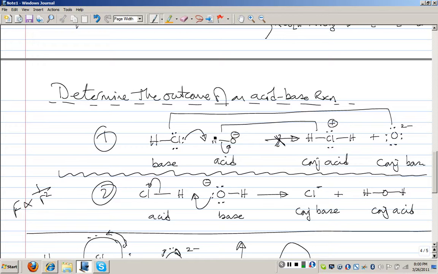Acid-base phenomena are equilibrium phenomena. And so what I have to do, if I have a seesaw, and I have an object here and an object here, I'm not going to ask anything about this object and this side of the seesaw. I'm interested in this object relative to its counterpart on the other side. That's how I know where the equilibrium lies.